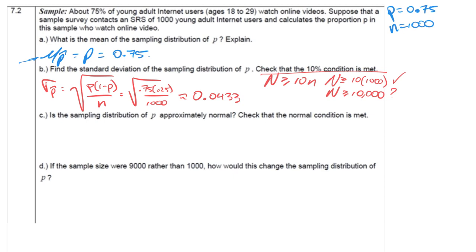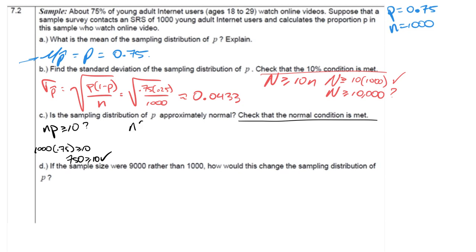Next question. Is the sampling distribution of p hat approximately normal? Check that the normal condition is met. So our first condition is, is n times p greater than or equal to 10? Well, let's check. Is 1,000 times 0.75 greater than or equal to 10? That's saying, is 750 greater than or equal to 10? Yes.